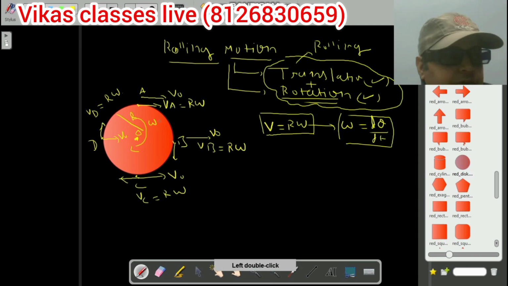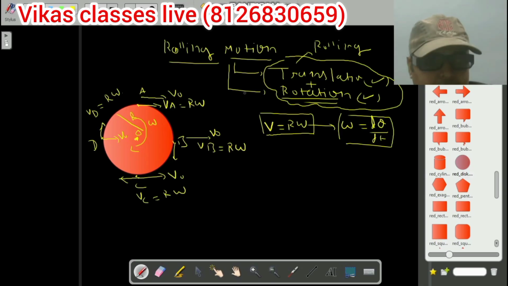Now check the angle between these two velocities. Velocity is a vector quantity. First we have to check the angle at different points on the circumference of the disc. In case of pure rolling, it will cover both translation as well as rotation. Here is the angle theta equal to 0, here is the angle 90 degree, here is the angle 180 degree, and in this case 90 degree.